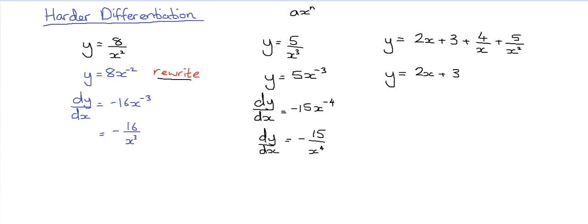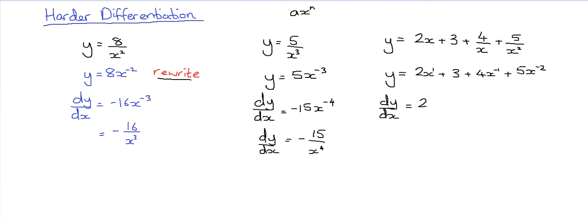Okay, 4 to the x, that is the same as 4x to the minus 1. And this one is going to be 5 lots of x to the minus 2. Now everything's in index form, in the form ax to the n. I can differentiate. So 1 times 2 is 2, reduce the power by 1, x to the 0, which is the same as 1, so it's not going to change to 2.